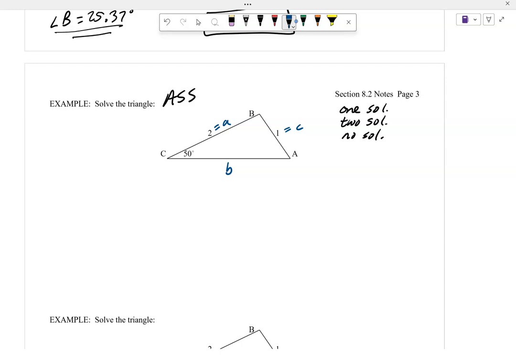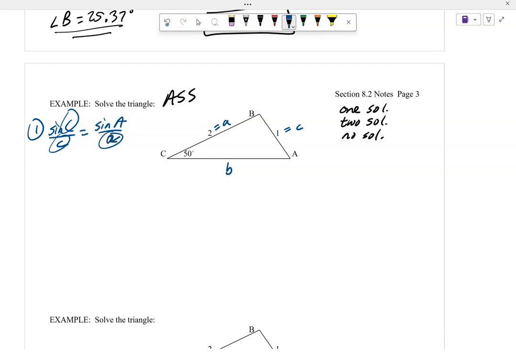And let's start looking at this. We got sine of 50 degrees, so sine of c. We have capital C and lowercase c. And let's do it with sine of a because we have lowercase a. Oh, I'm sorry. We have those.